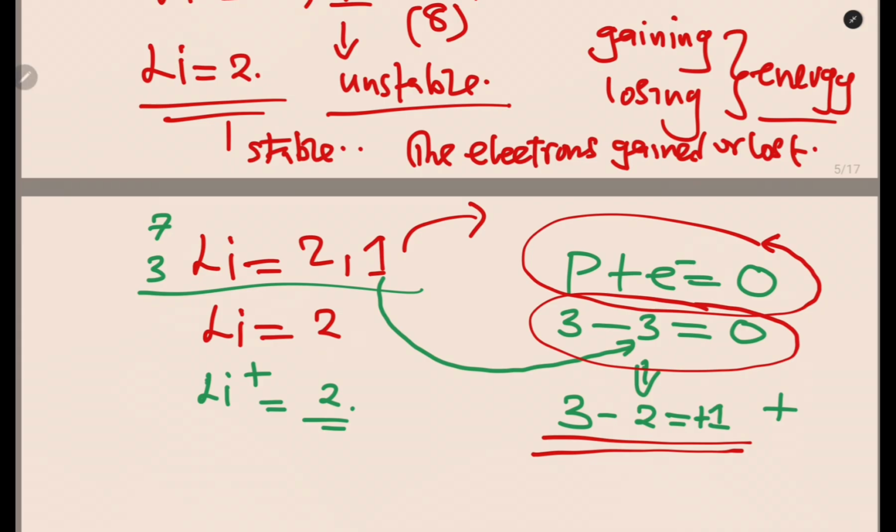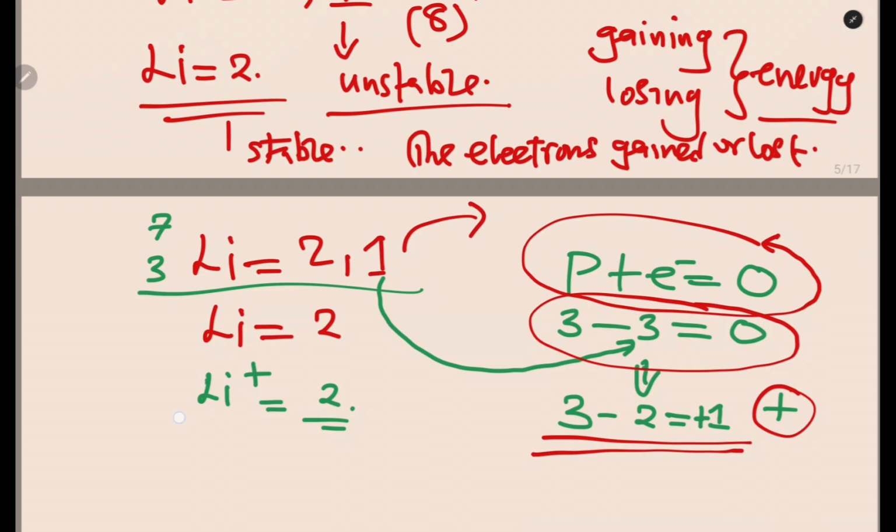So 1 electron has gone. It is no longer electrically neutral because 1 electron has gone. So this time around it is going to be 3 protons and 2 electrons. And if you do the mathematics here, you are going to find a positive, which is 1. So this is the reason why lithium has a charge of positive.